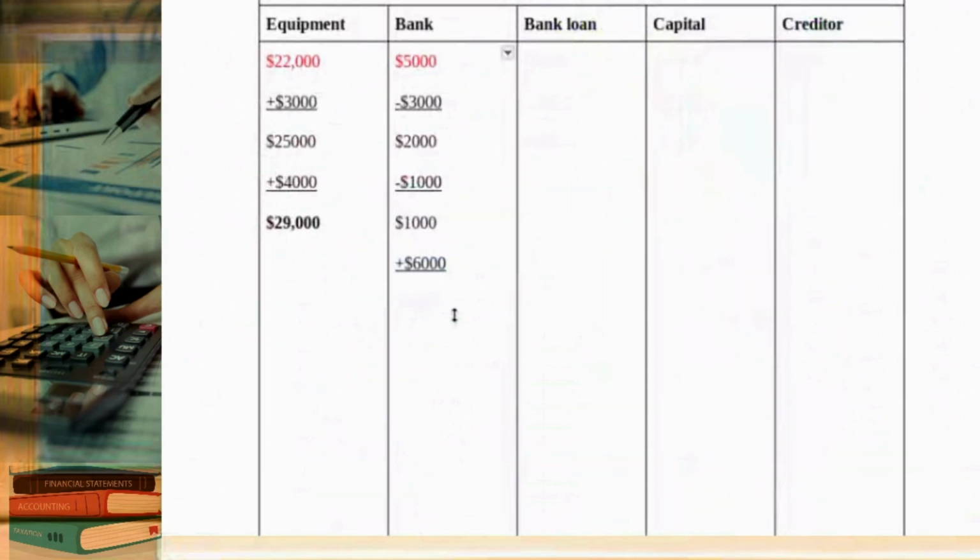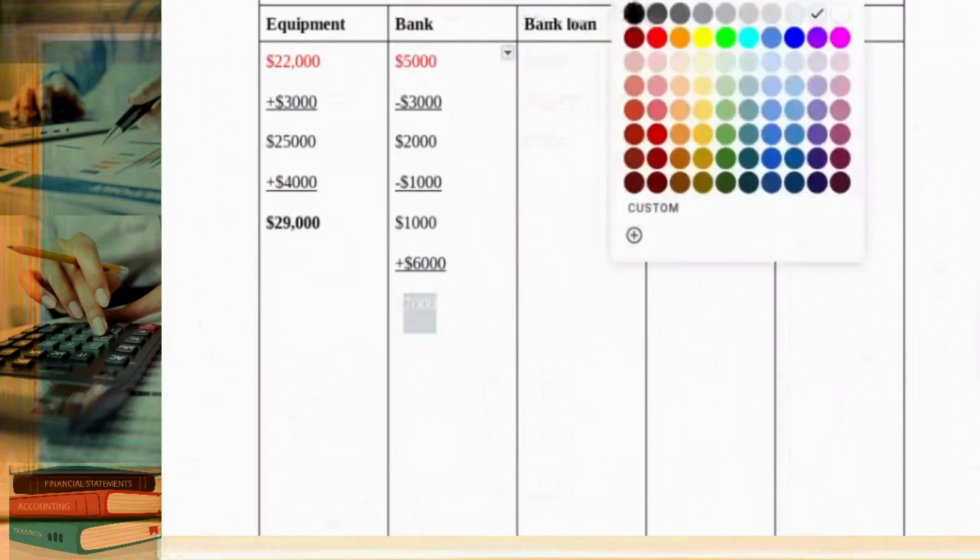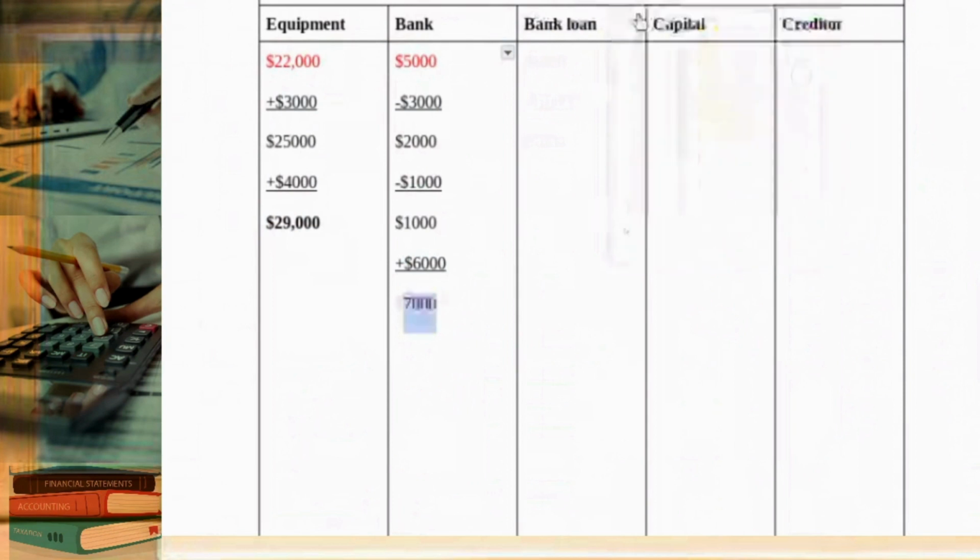And this gives us a new figure of $7,000. So $1,000 plus $6,000, $7,000. So that's a new figure for bank.